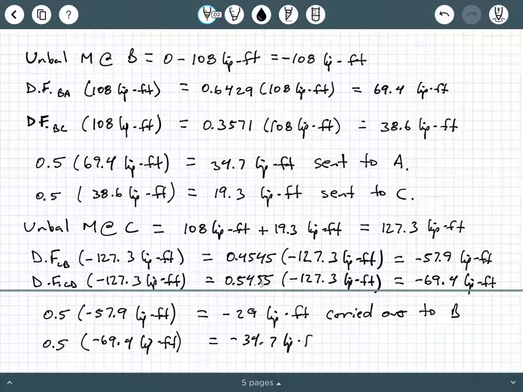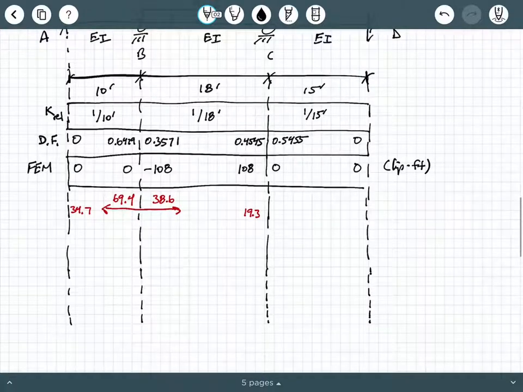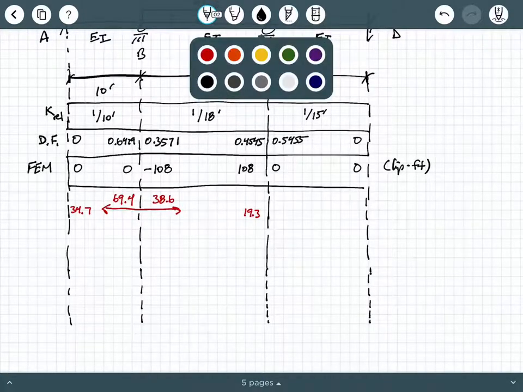So that value is negative 34.7 kip feet carried over to D, okay? So let's populate our table now, all right?